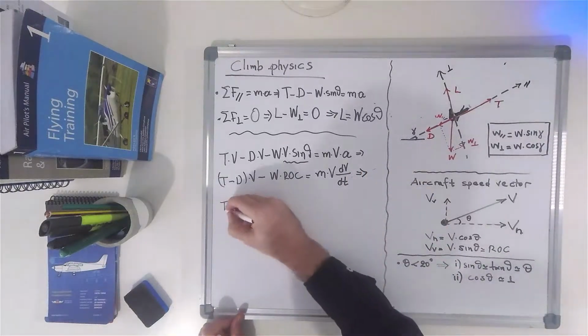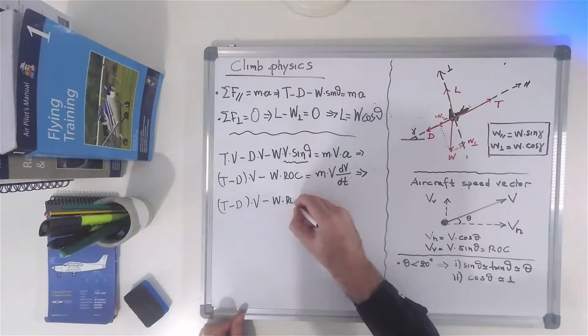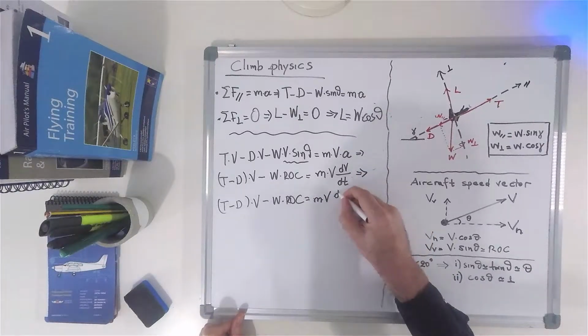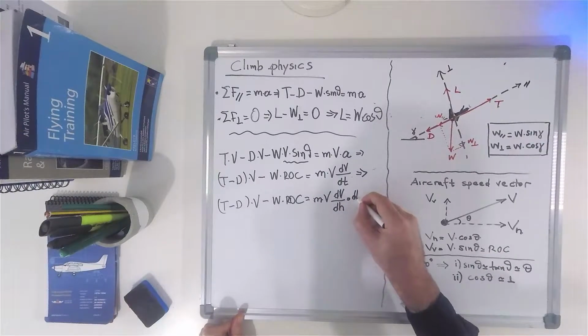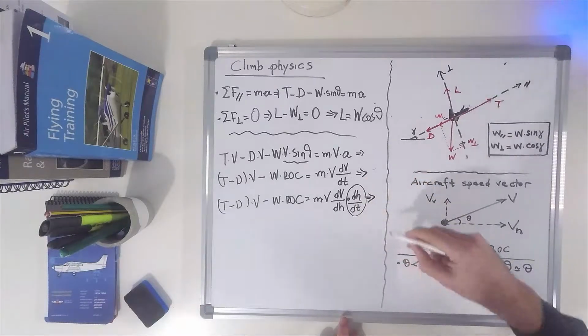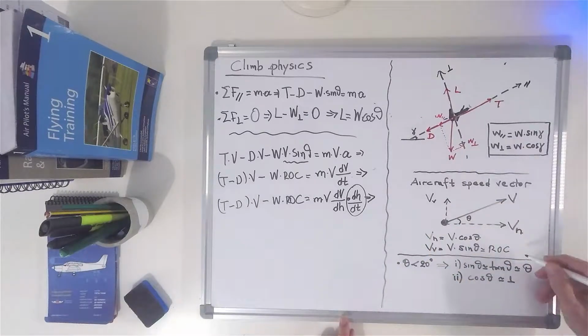So if we change the differential here with the altitude, this factor is the change of altitude over time, which is exactly the same as the vertical speed. So also this factor is the rate of climb.